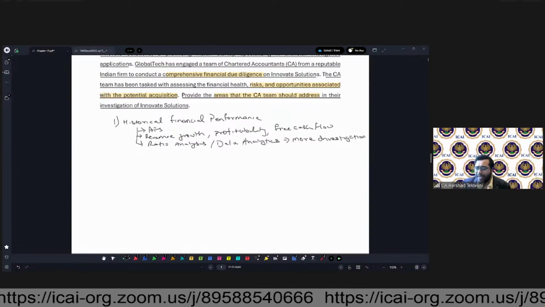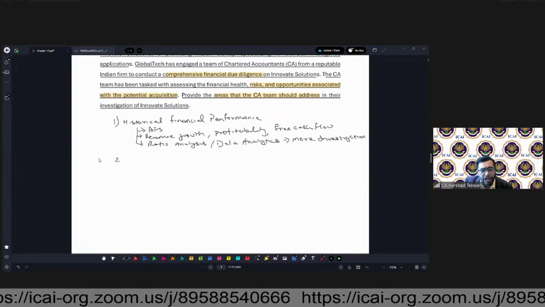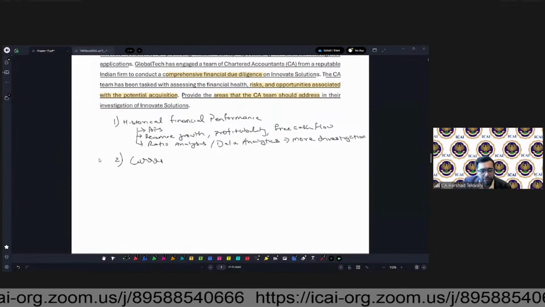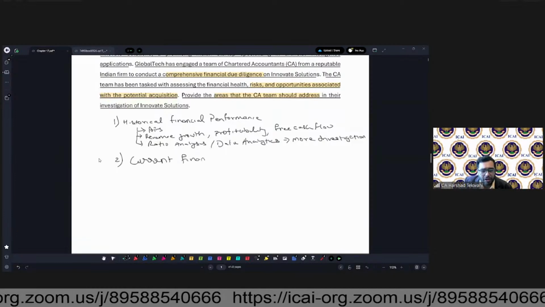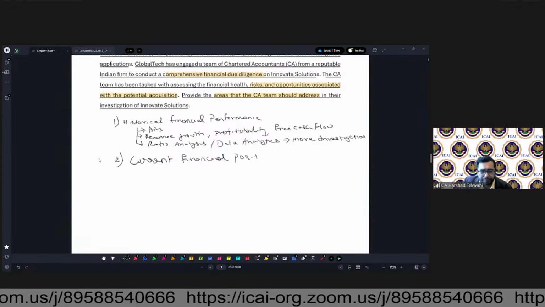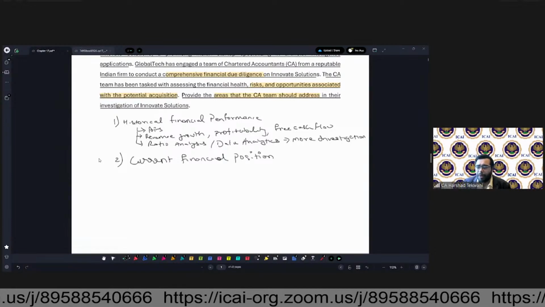The second part that you will look into is current financial position. What is the current financial position of the company?